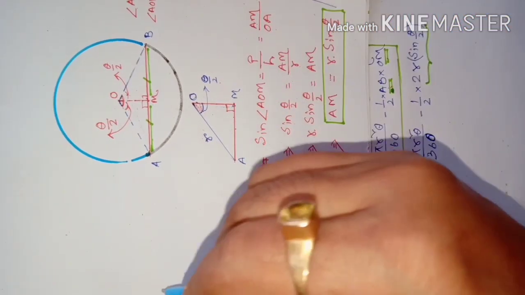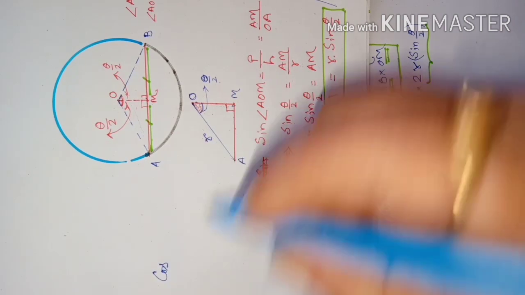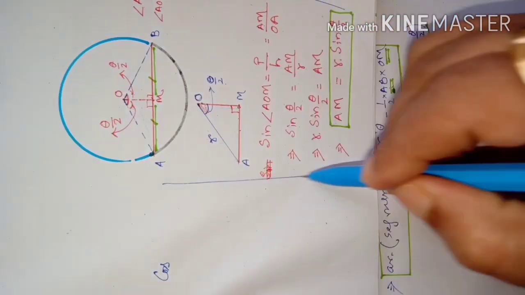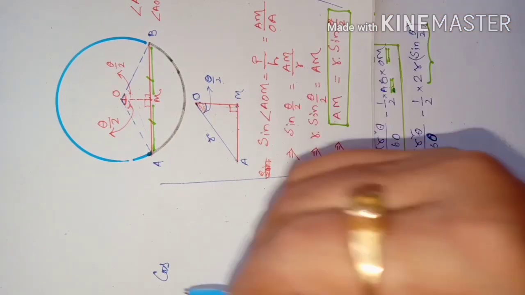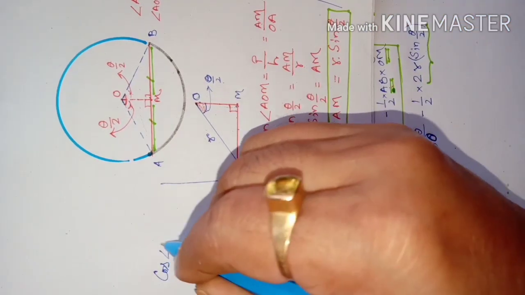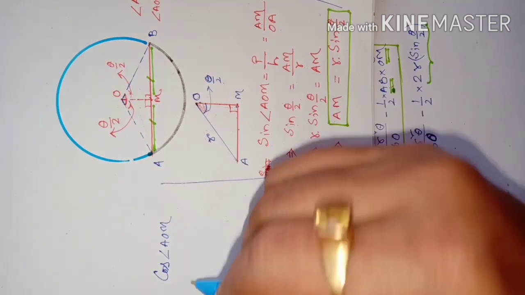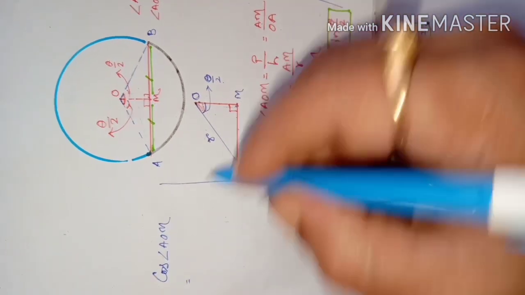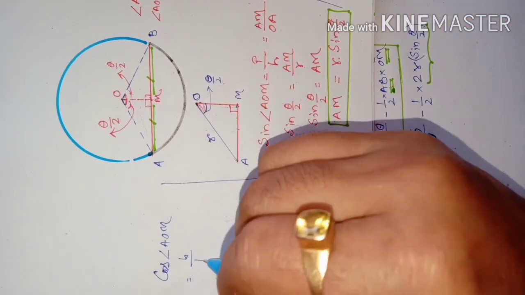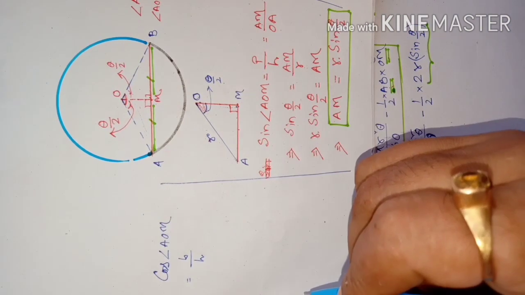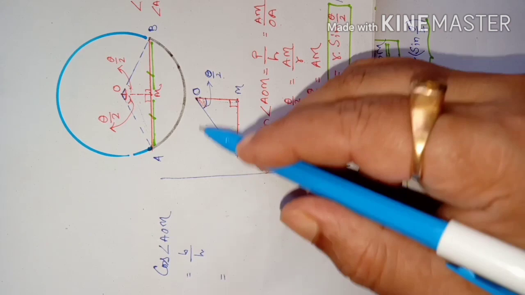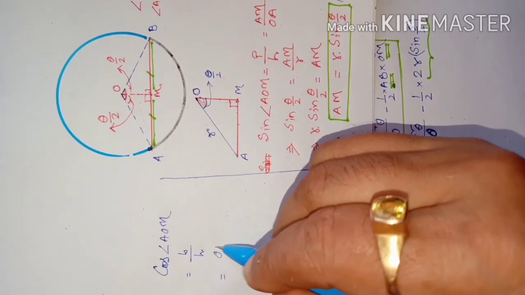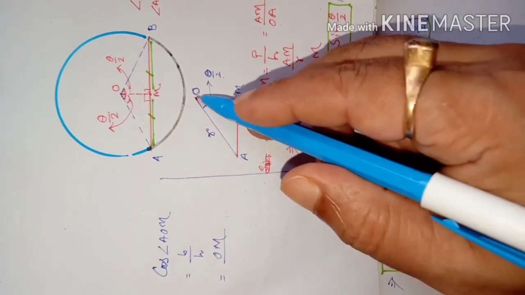Then you write cos ratio, cos of the angle AOM is equal to base upon hypotenuse, and base is what? OM. Hypotenuse is OA.